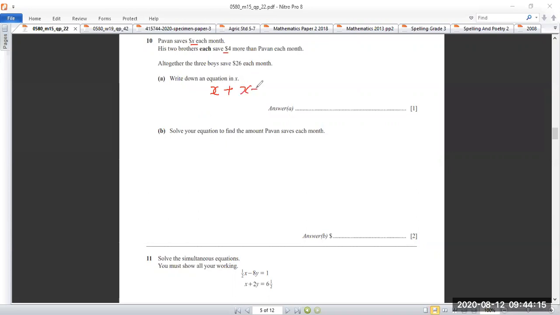So we have x plus 4, and the other one also does the same, x plus 4. Working this out, x plus x plus x is 3x, plus 8, is equal to 26.